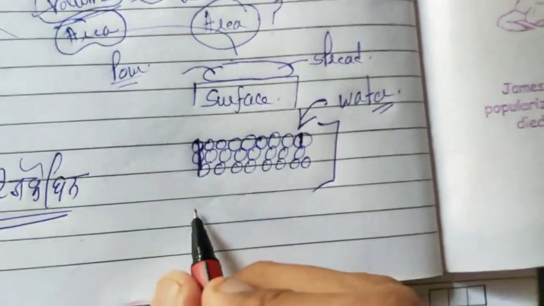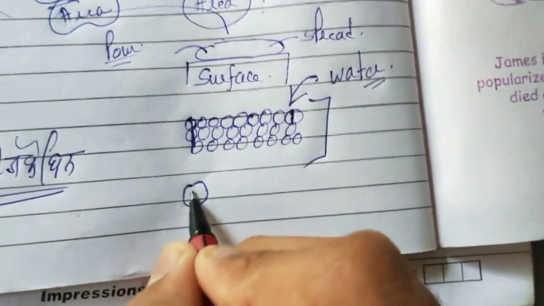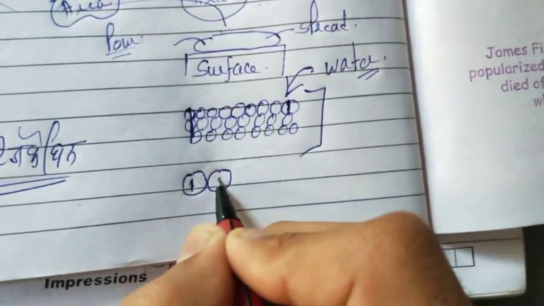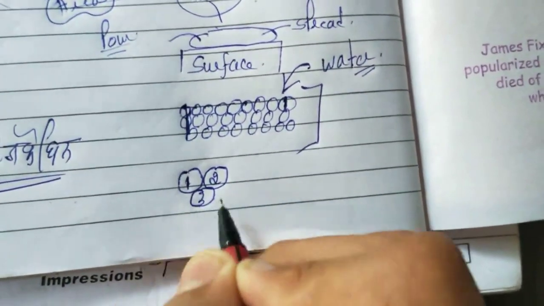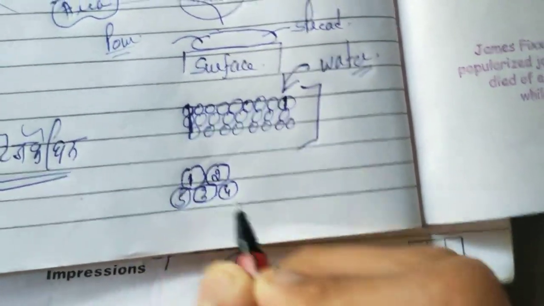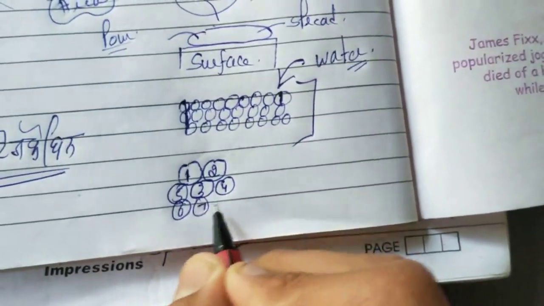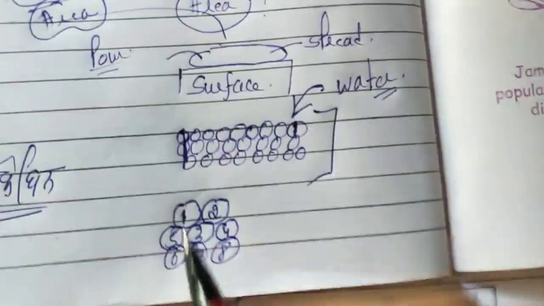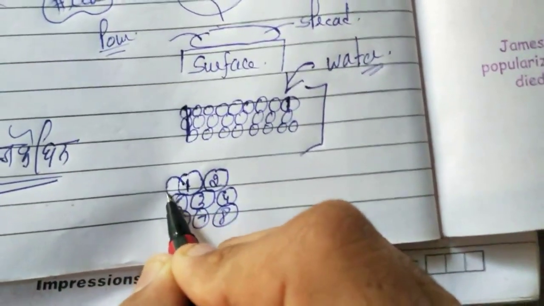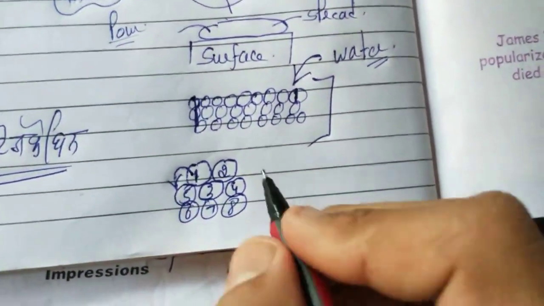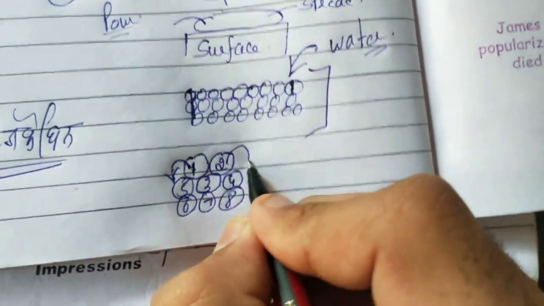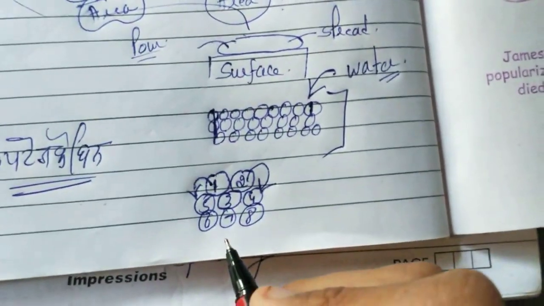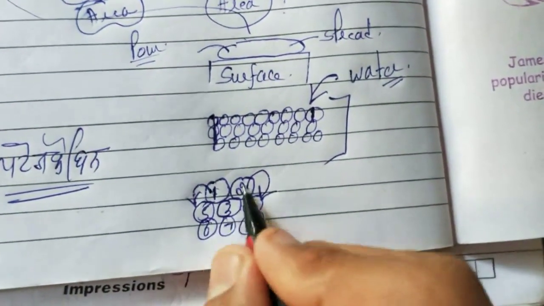What will happen when you dilute it? Suppose this is number 1 molecule, this is number 2, number 3, number 4, number 5, number 6, number 7, number 8. When you dilute it, number 1 molecule will apply weight on number 5, and number 2 will apply weight on number 4.